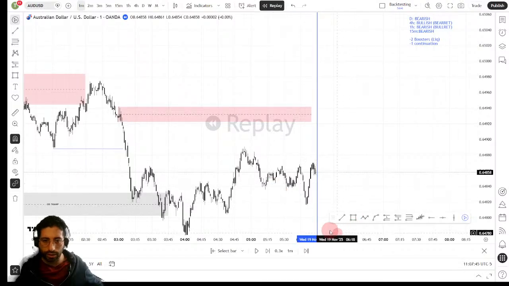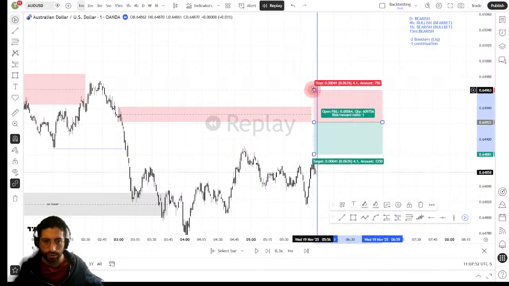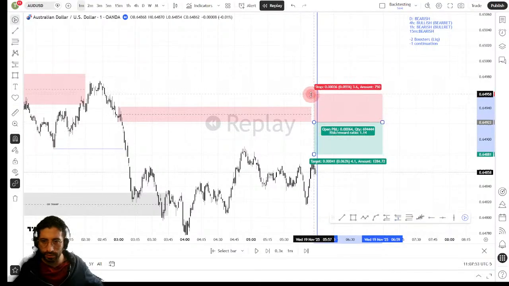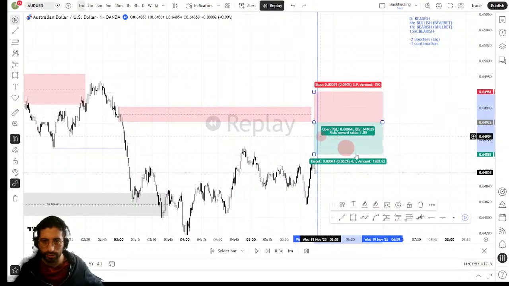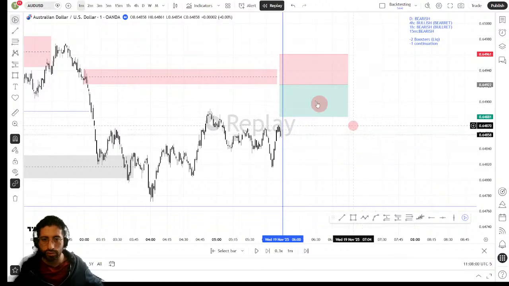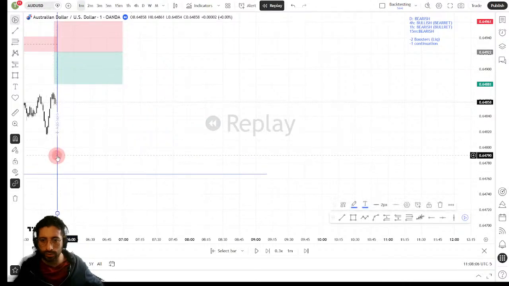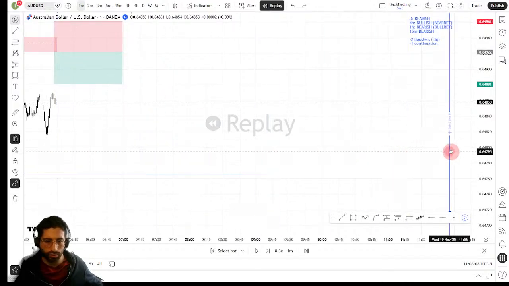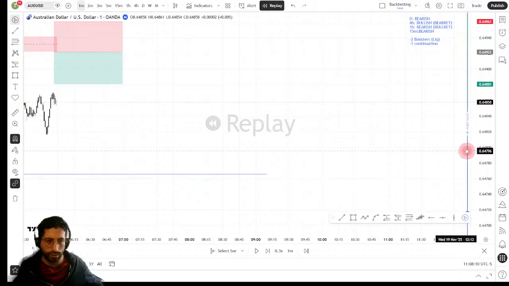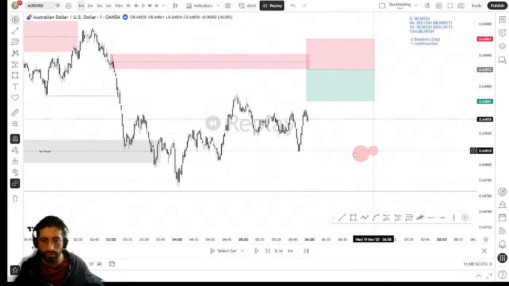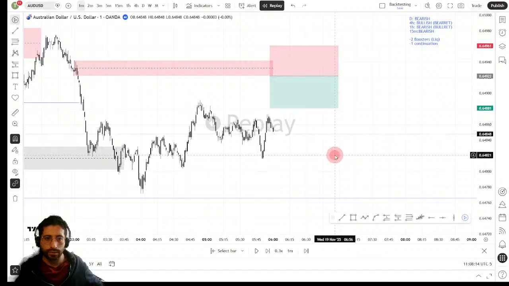So I'm going to put an order and we're going to see what actually happens here. 4 pips. Yeah, I'm going to put 4 pips as well. 3.9 pips. Okay. And I'm going to move this because we're going to work today until midday. There we go. Let's see what happens.